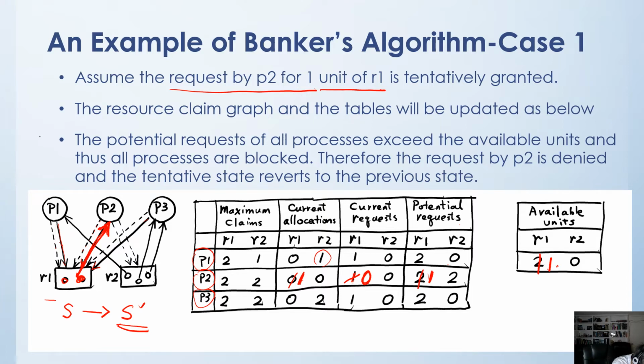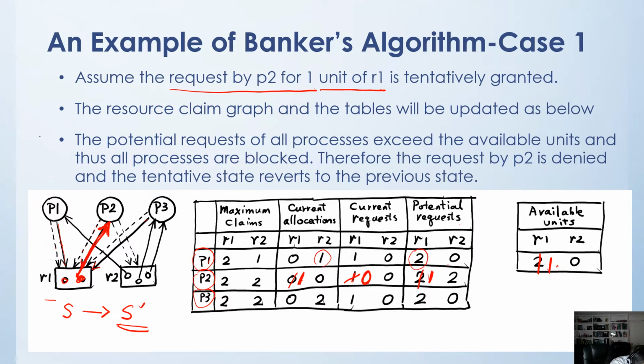So now let's say for P1, the potential request is actually 2 for R1, 0 for R2. Now, what's the available unit for R1? There's only 1, but P1's potential need is 2.